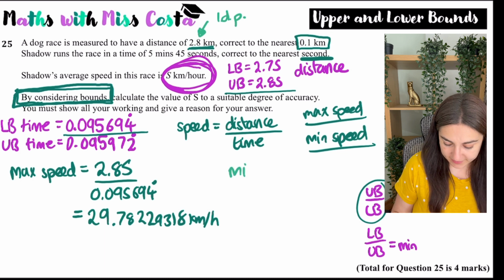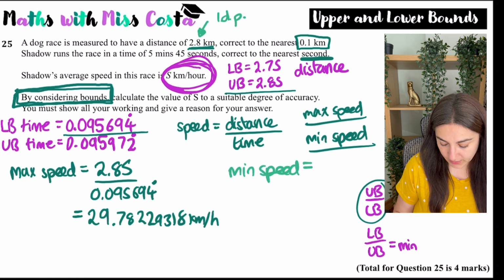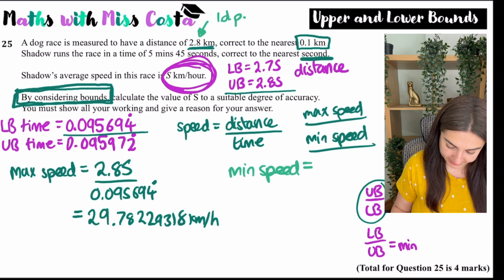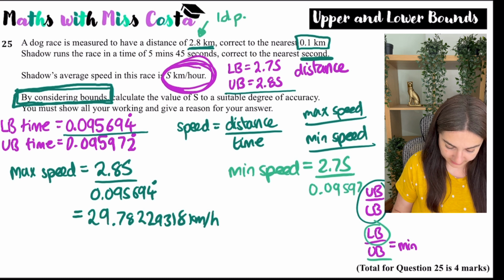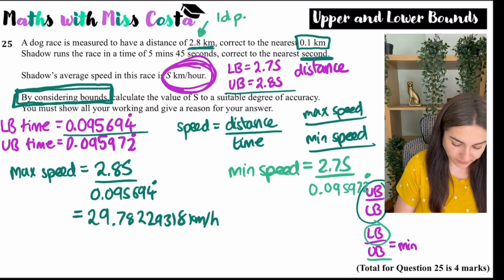So the min speed, I'd need the lower bound of distance, so that would be 2.75 divided by the upper bound of time, which is 0.095972 recurring.